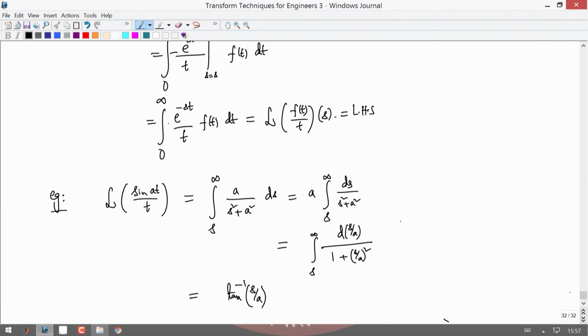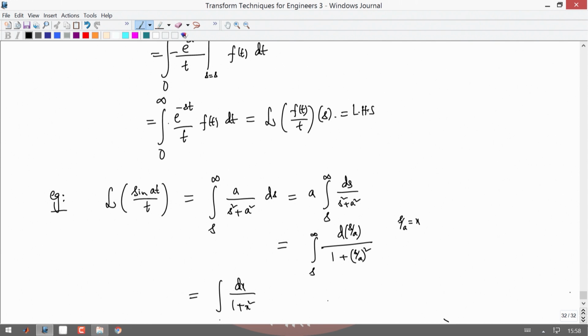You write s by a equal to x. So, you have dx by 1 plus x square, and when you put x equal to s, you have s by a. If you actually properly do it, put s by a equal to x, you have dx by 1 plus x square.